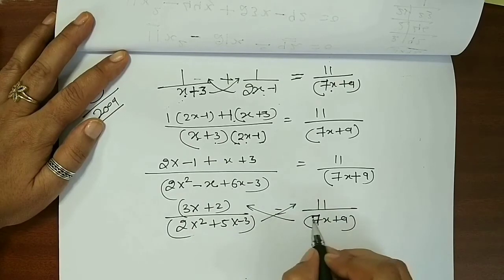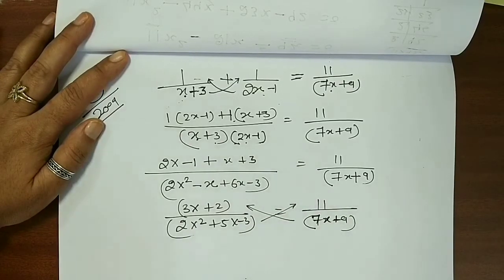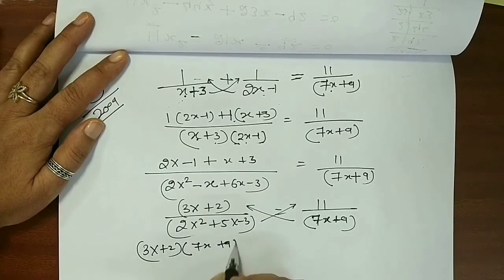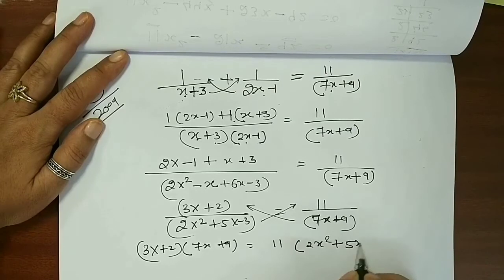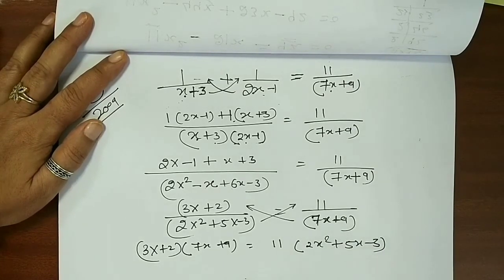Okay guys, if you already know how to solve it, please speed it up and solve it on your own. So 3x plus 2 and 7x plus 9 is 11 times 2x square plus 5x minus 3. Okay.